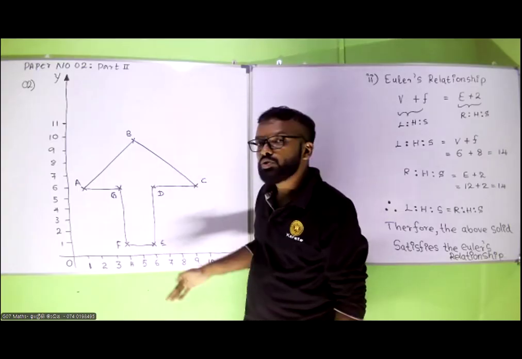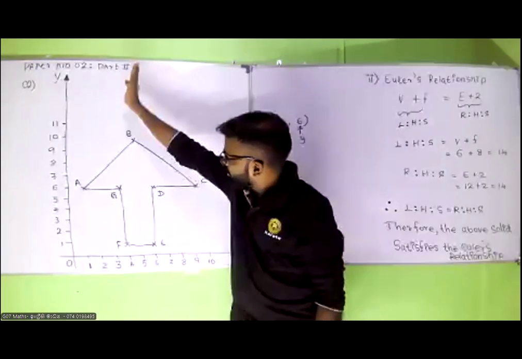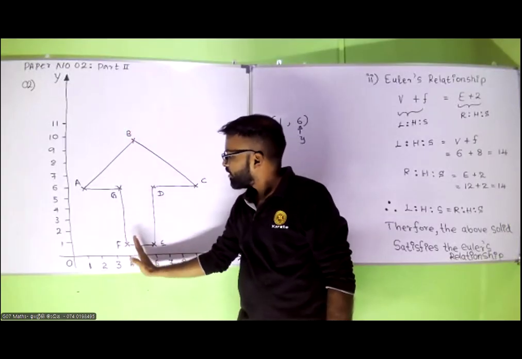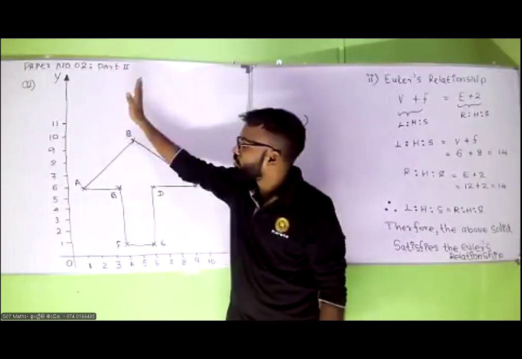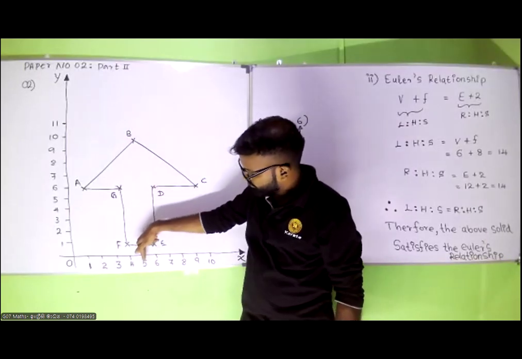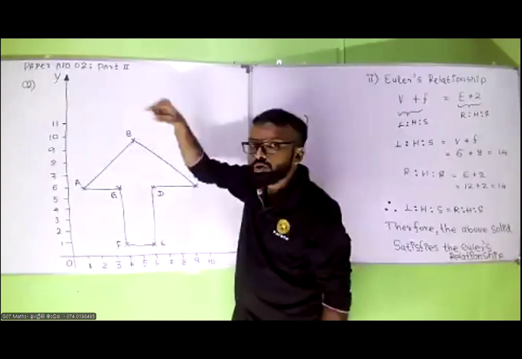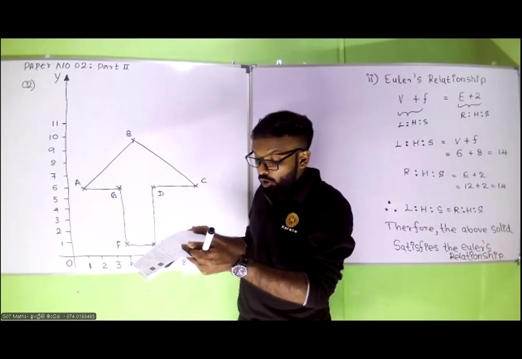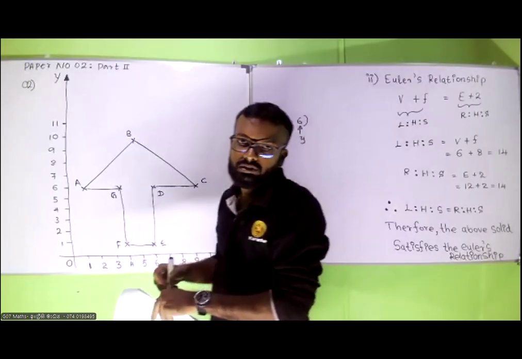By looking at this, right at the point B, if you draw a vertical line, a vertical axis, it goes through number 5 like this. So you have to draw that. Join the above points, then draw the axis of symmetry of the above figure. That's all.